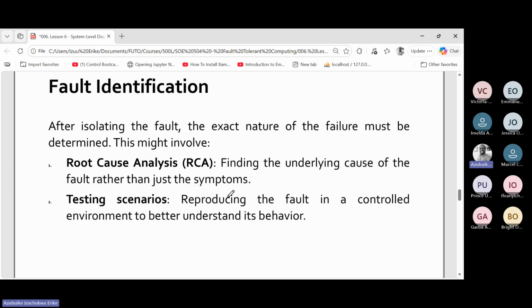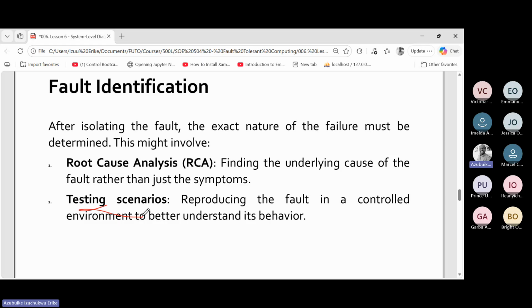Now, it may not be that, but it may still be as a result of a bug that was introduced into your code by some circumstances. When you have found out that possibly this was as a result of this and this input into the system, you now try to model the same thing in a controlled environment. That's what we do when we're talking about testing scenarios.